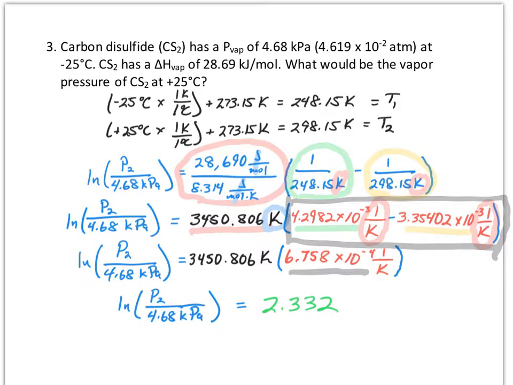Okay? And again, if we're following through our significant figures, our temperatures were actually given to 2 significant figures. But in the addition, we gained a significant figure. So these numbers actually have 3 significant figures.